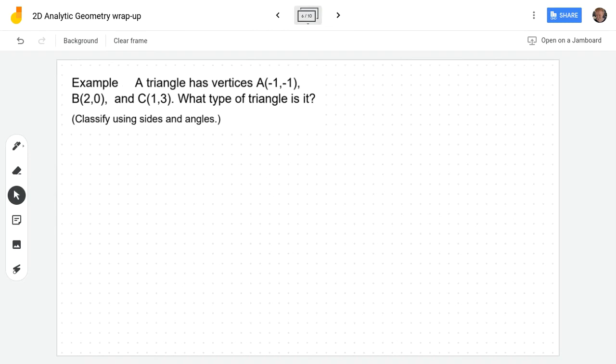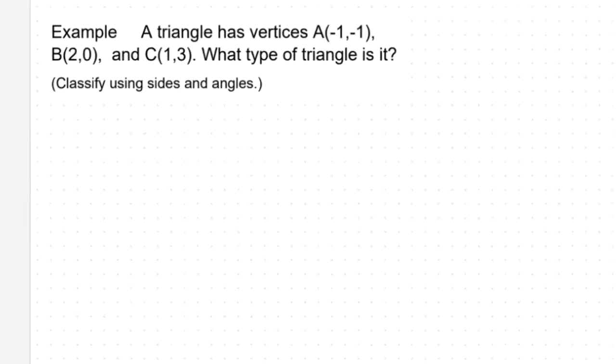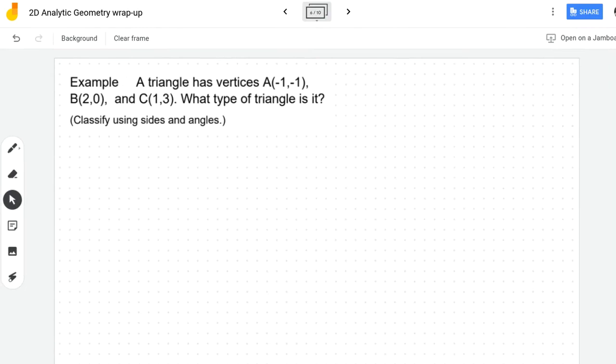So one nice way to organize it is to keep similar sides together. So let's start with side AB. Okay, so side AB. Distance of AB, so the length of the line segment AB.